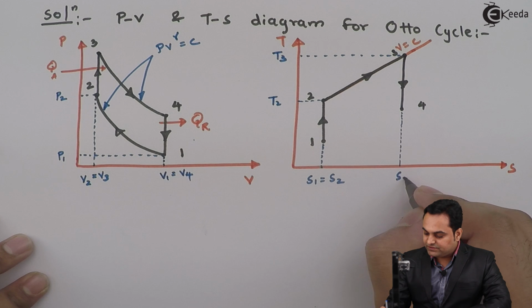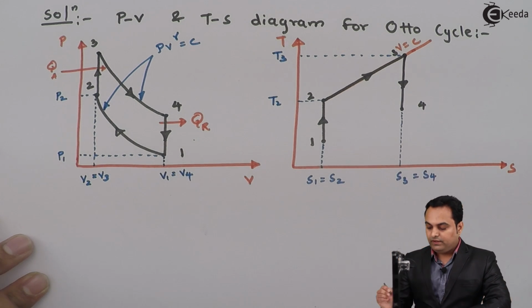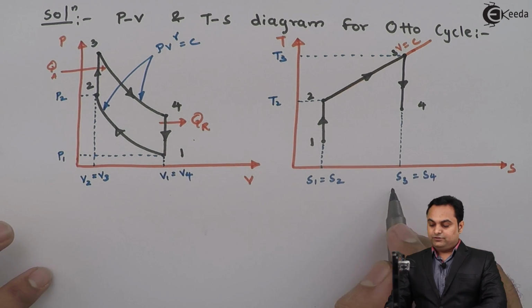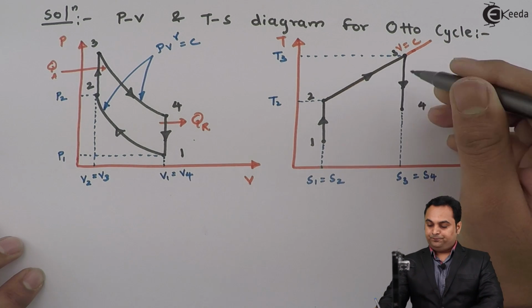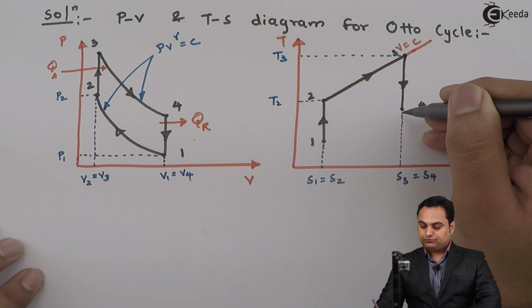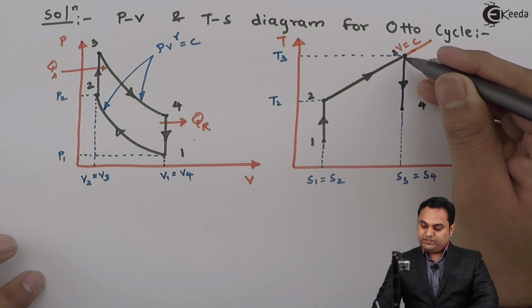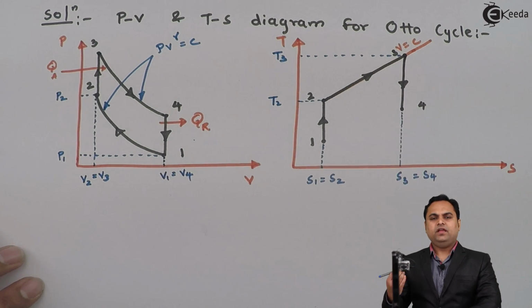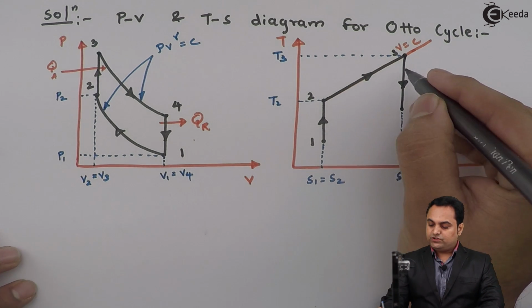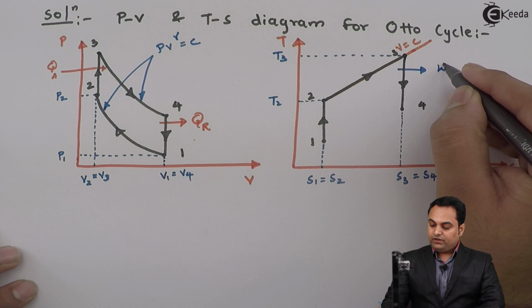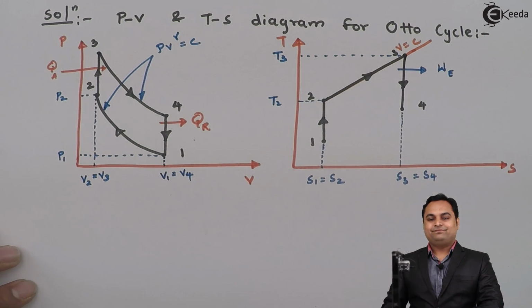So I'll write down S3 is equal to S4. Entropy is constant, but as we see there is a drop in temperature from point 3 to point 4. This drop in temperature is utilized to develop some work, which we would be getting in the expansion process.